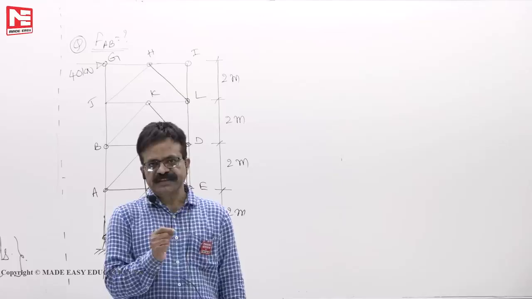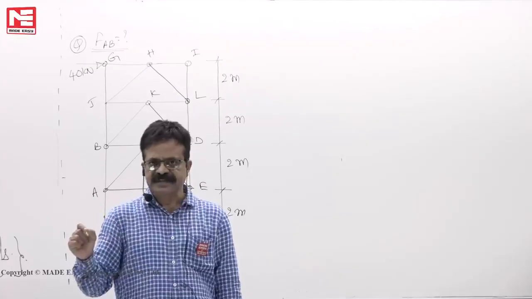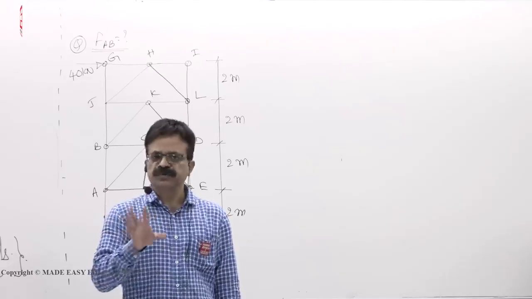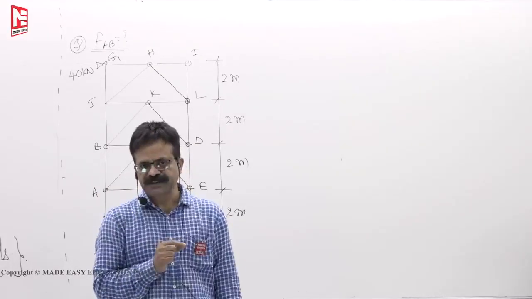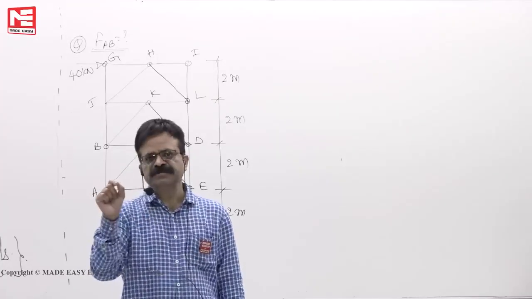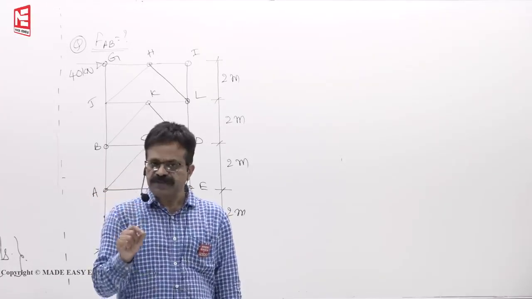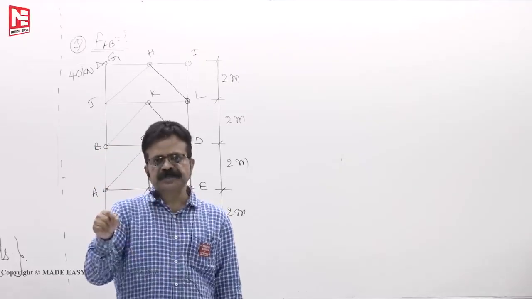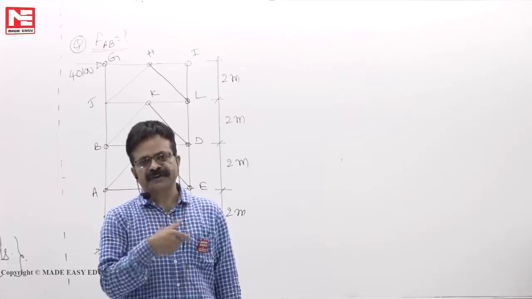But ensure that you are cutting the members such that all the unwanted members that you don't want to find are meeting at one point. What's the advantage of that? If all those unwanted members meet at one point, and you take moments of all forces about that point, then all the members will give 0 moment except your wanted force.